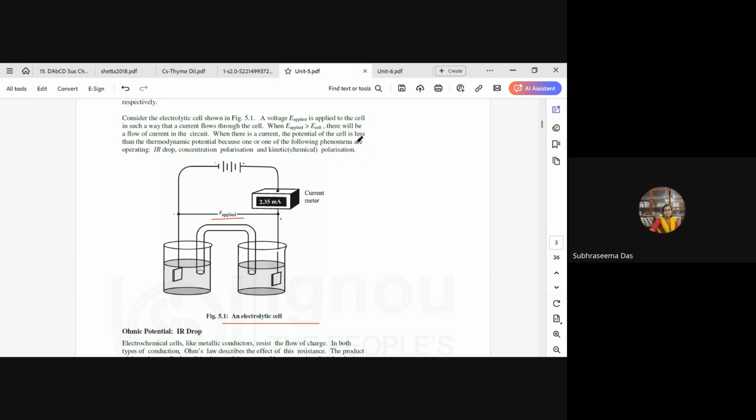When there is current, the potential of the cell is less than the thermodynamic potential because of one of the following phenomena: the IR drop, concentration polarization, or chemical polarization. These three things are possible when there is current flow inside the cell, and the potential of the cell becomes less.